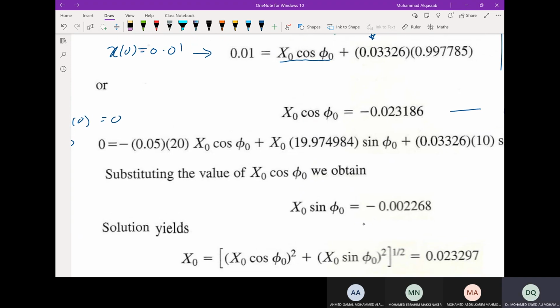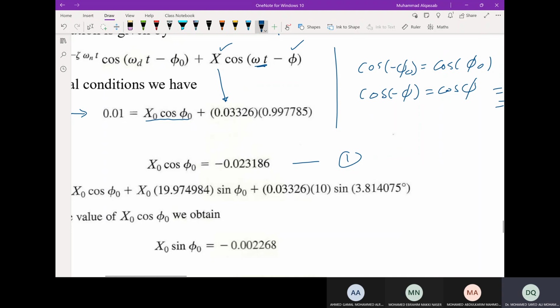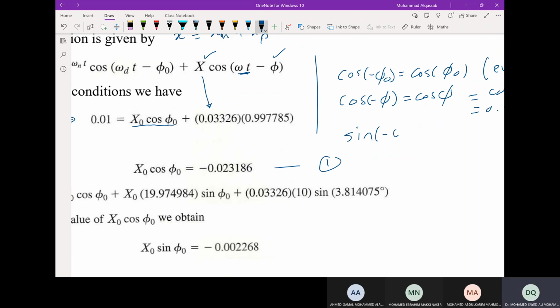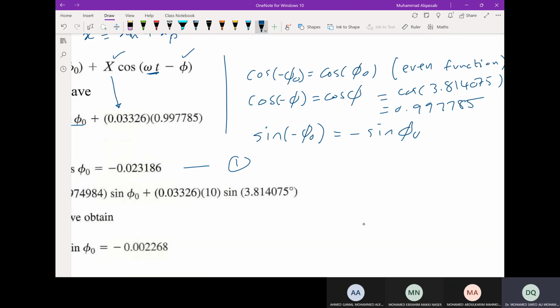So it is minus 0.05 times 20, so this is zeta times omega n, and e to power 0 is 1, x0 cosine phi 0 plus x0 omega d, which is 19.97 sine phi 0. Sine of minus phi 0 is equal to minus sine of phi 0, because sine is an odd function.